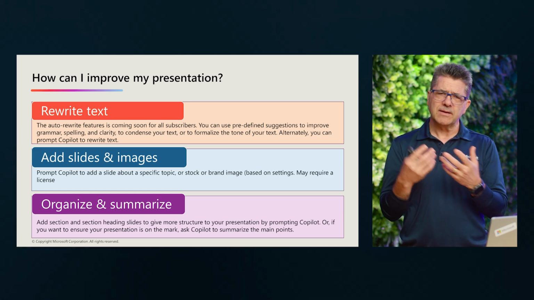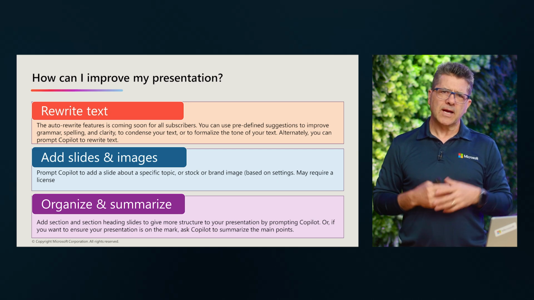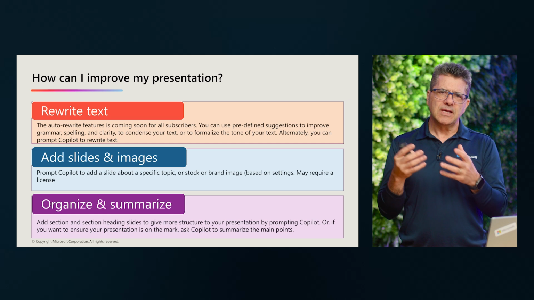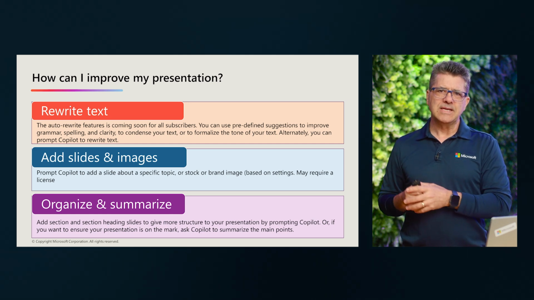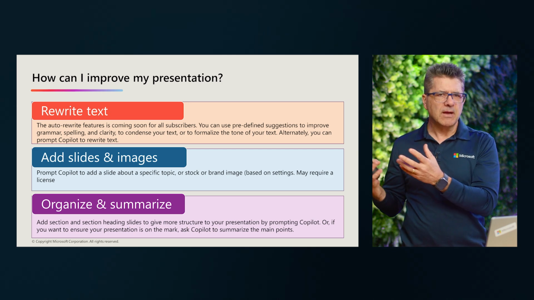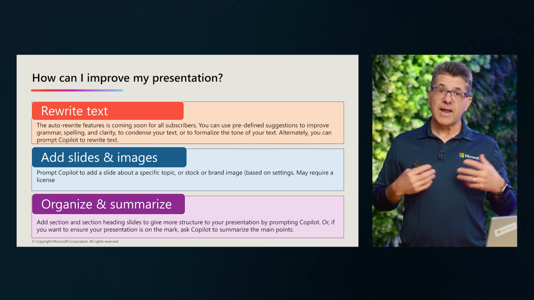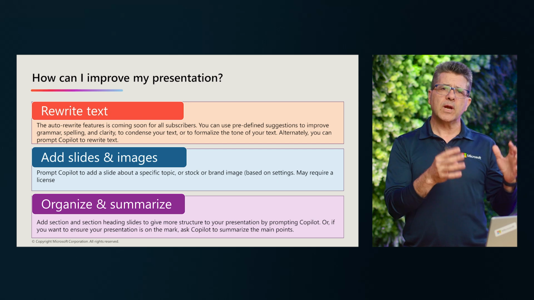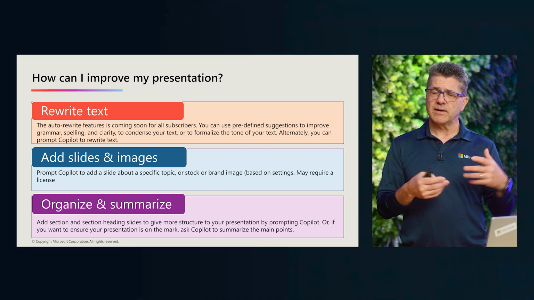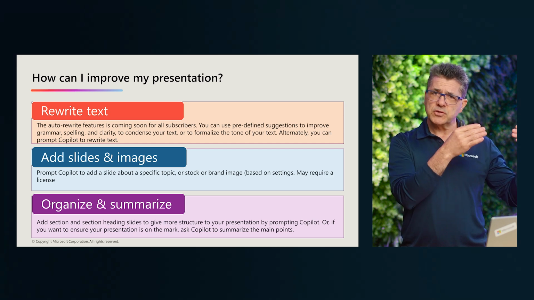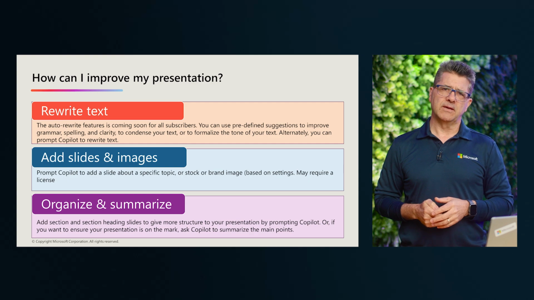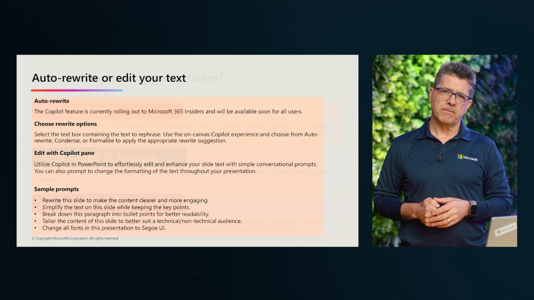And I can tell Copilot what content I want. I can also ask to add images. Copilot leverages images. In fact, it leverages insights from that. I can say, create an image to represent something in my slide. And I can also ask Copilot to organize my slides and my summaries. I can ask Copilot to review the slides, make sure they are in order, and if not, customize it for me. So we have that option as well.